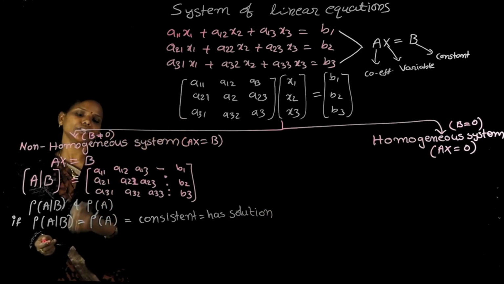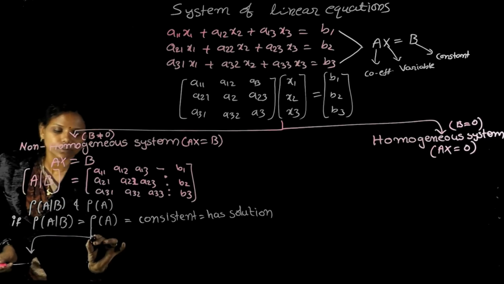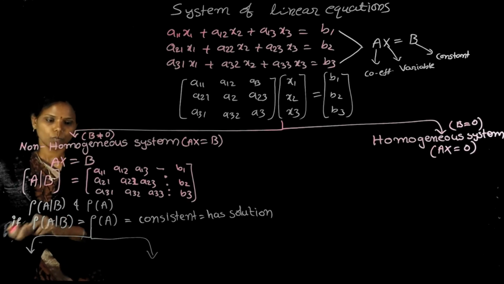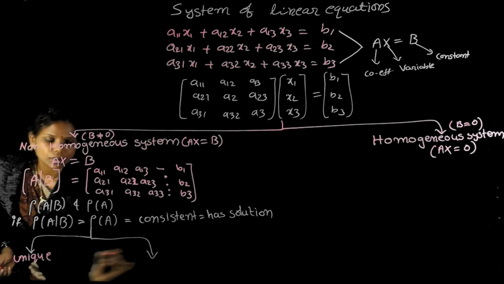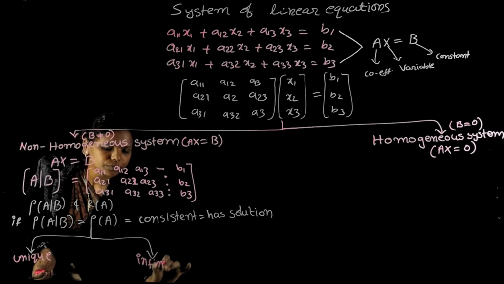If it has solution, again it has two types of solution. One is unique. Another one is infinite many solutions.